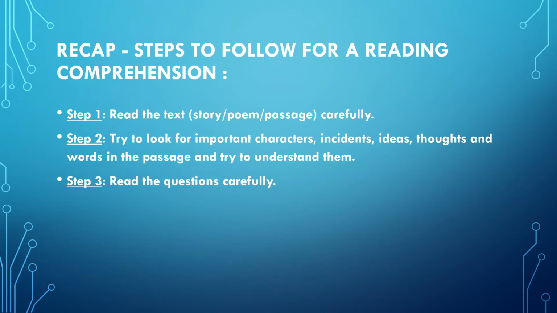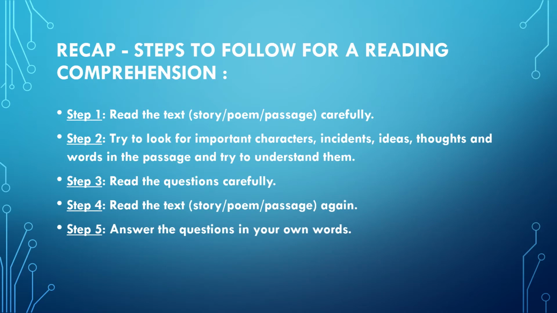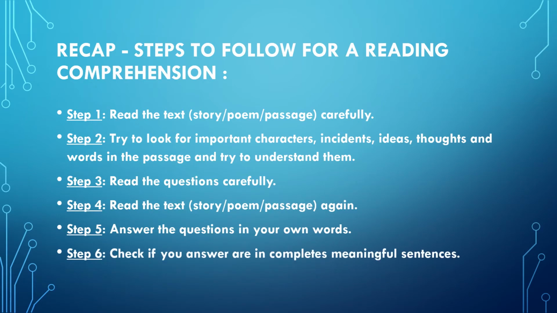Step 3. Read the questions carefully. Step 4. Read the text again. Step 5. Answer the questions in your own words. And step 6 is to check if your answers are in complete and meaningful sentences.